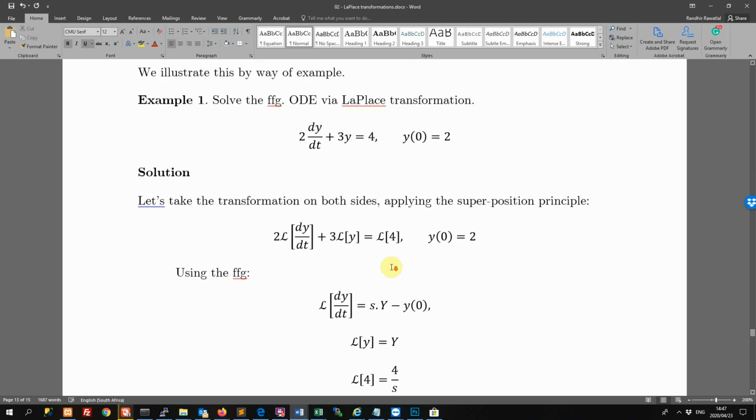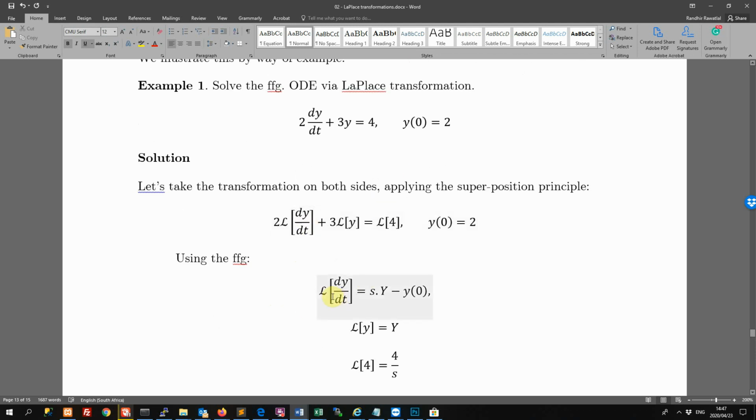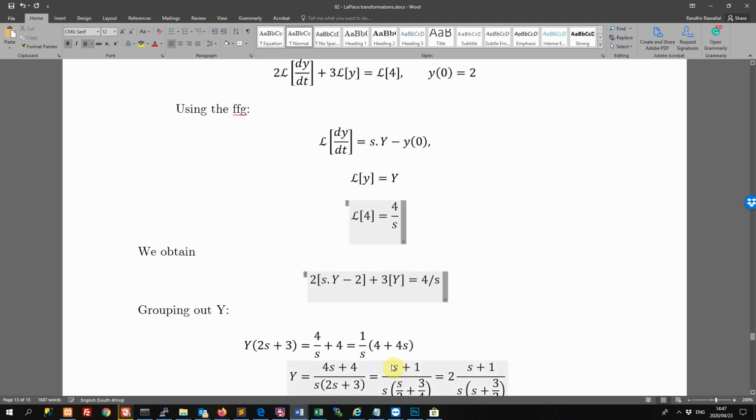And then the initial condition. We know the Laplace transform of the derivative is sY minus the initial condition, and the Laplace transform of y we just define as a capital Y. The Laplace transform of a constant 4 is the constant over s. So in the Laplace domain, this is simply twice the Laplace transform here, sY minus the initial condition.